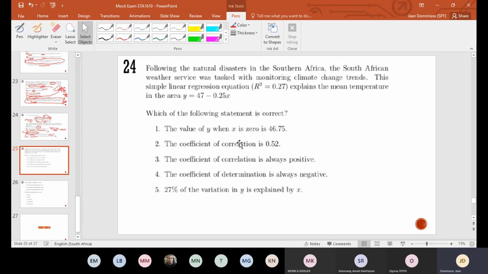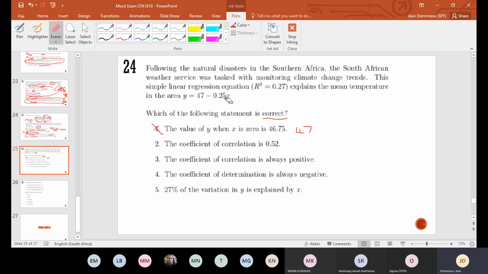The simple regression equation, with R squared equal to 0.27, explains the mean temperature in the area. Which one is correct? The value of y when x is 0 is 46.75. Let's look at it. When x is 0, that basically falls away, so your value should be 47. So that one is incorrect.